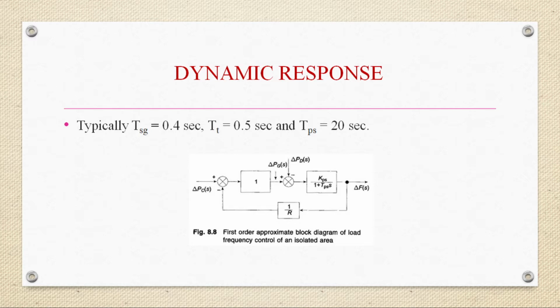The first order approximate block diagram of load frequency control of an isolated area we are drawing here. This block becomes 1. This is Kps by 1 plus Tps into s. This is delta Pg minus delta Pd, and this will be the feedback, that is minus 1 by R into delta f of s.